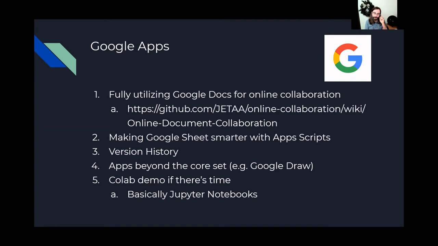One of the projects I started with PNW JETAA is making our membership database smarter. The goal is to have the database, the Google Sheets, right? We have a form for registrations and it feeds into there. What happens if a person needs to update their information? They go and refill out the form, right?